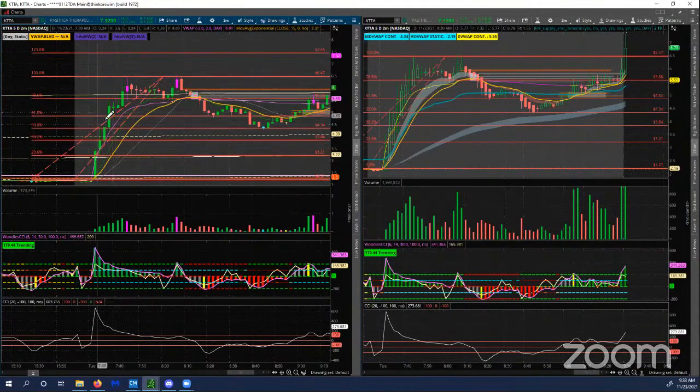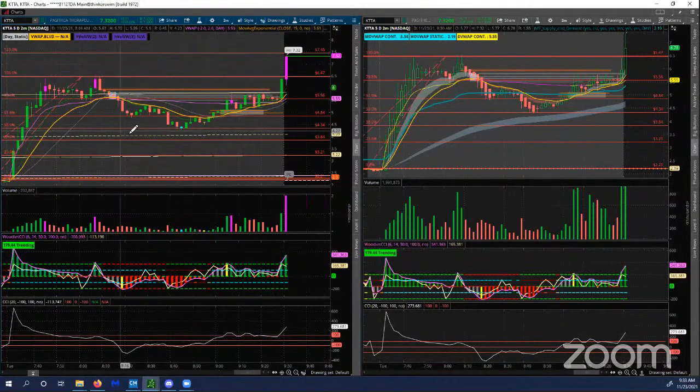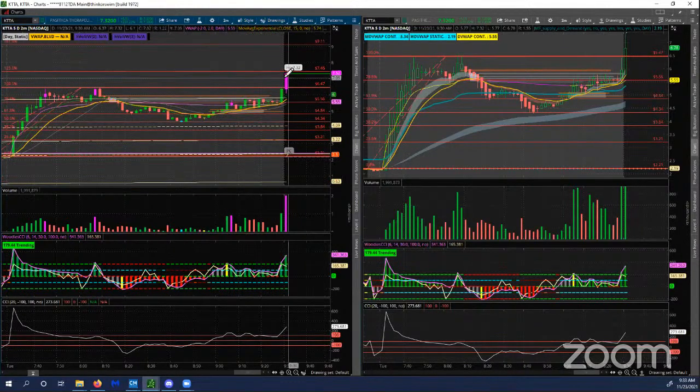You've got your hammer off that same level, and then we measured it off the 100 there. So that gives you an idea that this could be a potential good pattern. We hit the 50, that's still bullish. We popped up above the 60, held underneath the 70, and we wedged pretty much right at the 70 Fibonacci level.